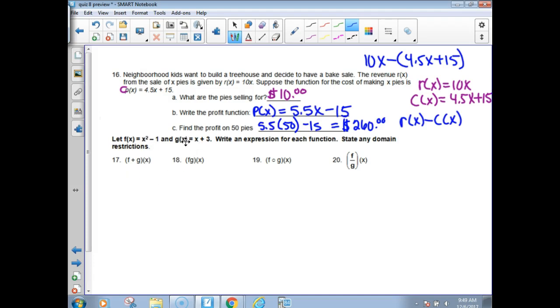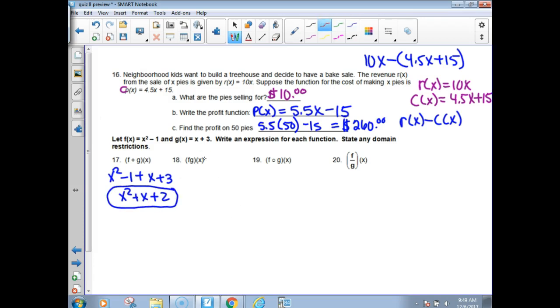So the new function, if you just add them, it's still going to have a domain of negative infinity to infinity, and we don't have to write it down because there aren't any restrictions. So this is just saying to add the two functions. So you're just doing x squared minus 1 plus x plus 3, which is x squared plus x plus 2. Simplified. You need to have it simplified.